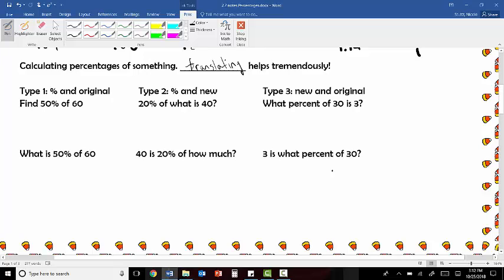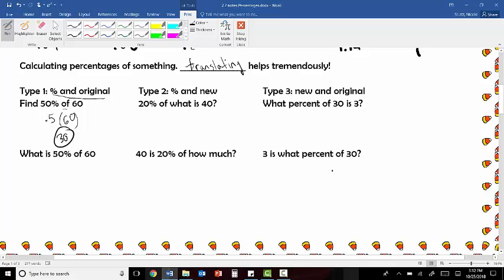For example, in type 1 problems, they'll give you a percent and the original. We have 50%, so that's 0.5. Of means times 60. If you can do that by hand or with a calculator, you type that in and you're going to get 30.